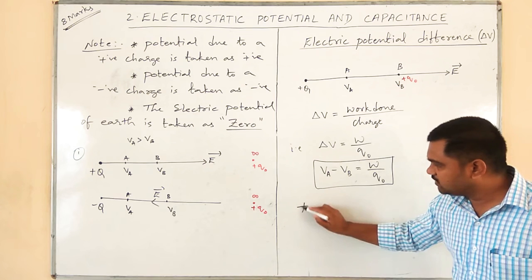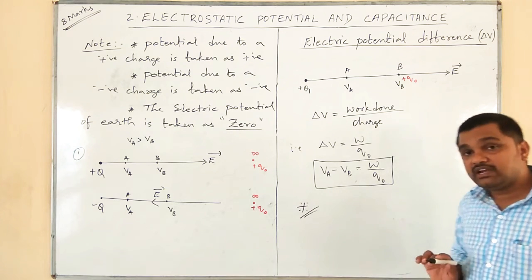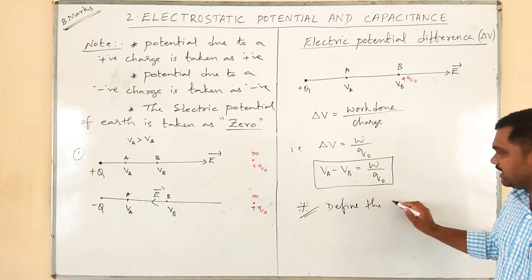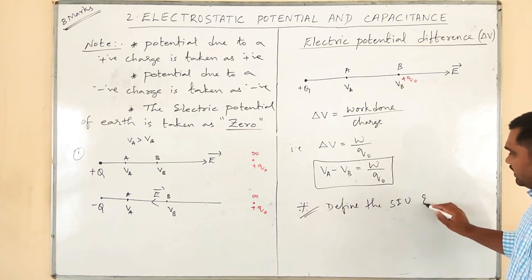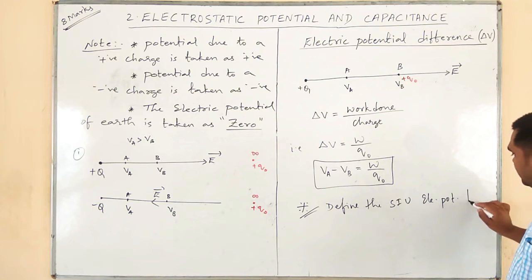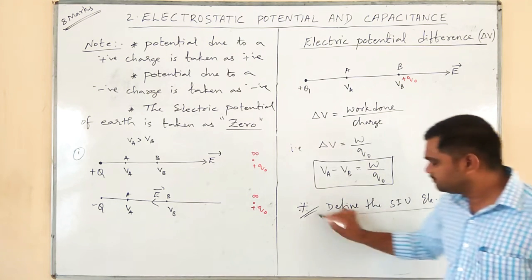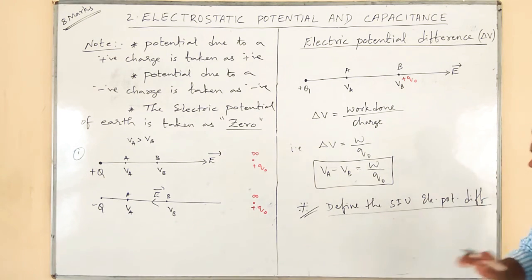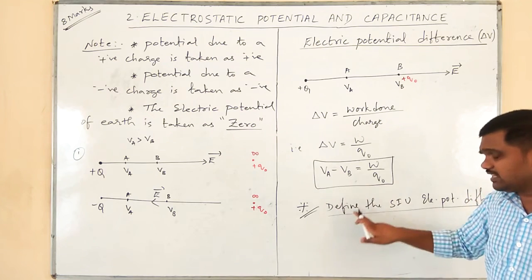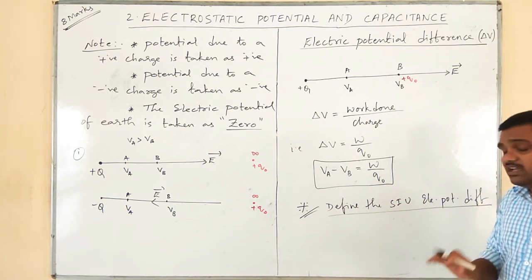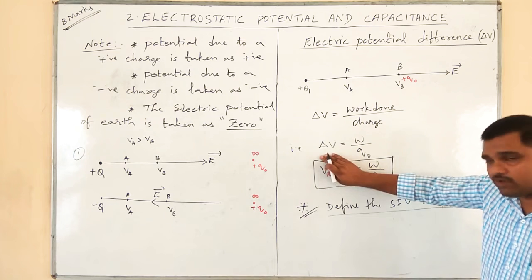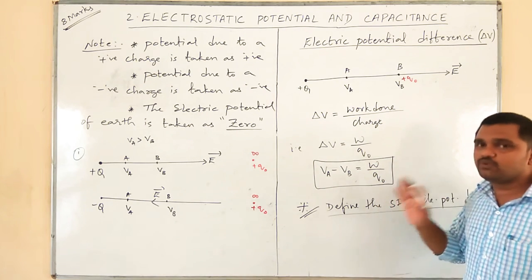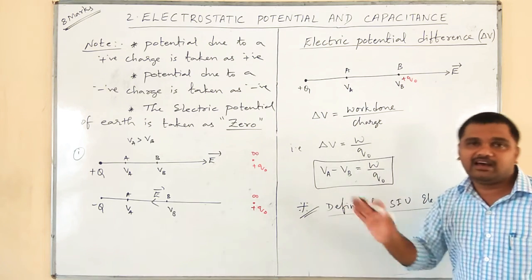Similarly, they can also ask you one more question: define the SI unit of electric potential difference. If they ask you like this, what do you say? Very simple. We know that the SI unit of electric potential difference is volt. It is said to be 1 volt when 1 joule of work is done to bring plus 1 coulomb of charge from one point to another point.